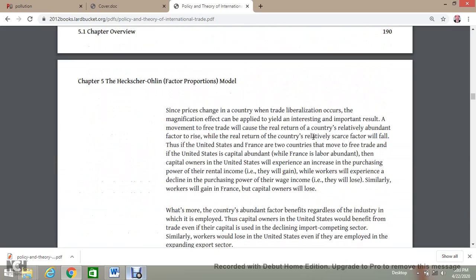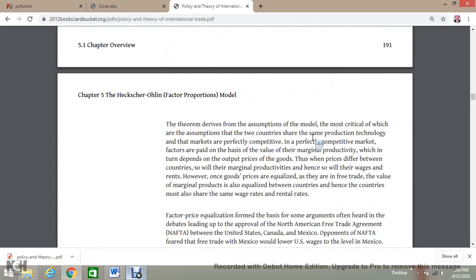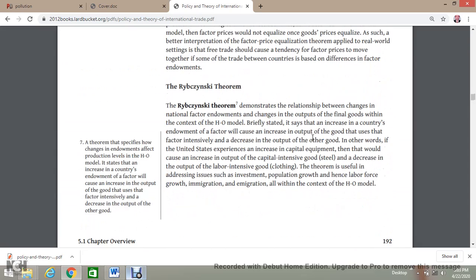Okay, so now we'll move on to another theorem, that is the Rybczynski theorem. What is this Rybczynski theorem? Economist Rybczynski has postulated this theorem.